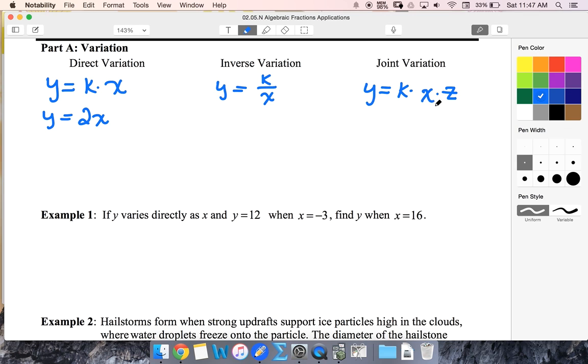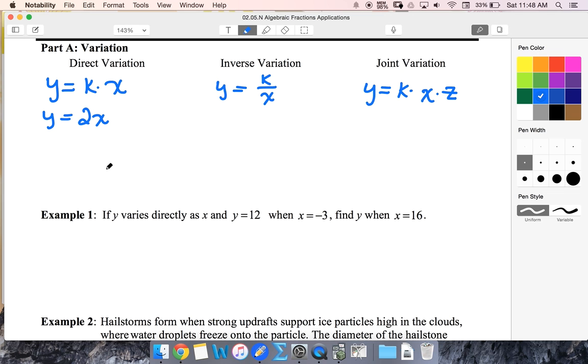It will really depend, but in this case, both x and z get bigger and y gets bigger. In this situation, we would have to have two sets of given constraints to be able to solve for our constant k, whereas in direct or inverse variation, we only need one set of conditions.